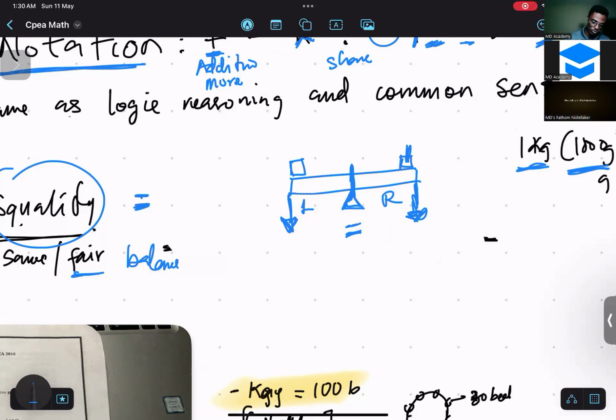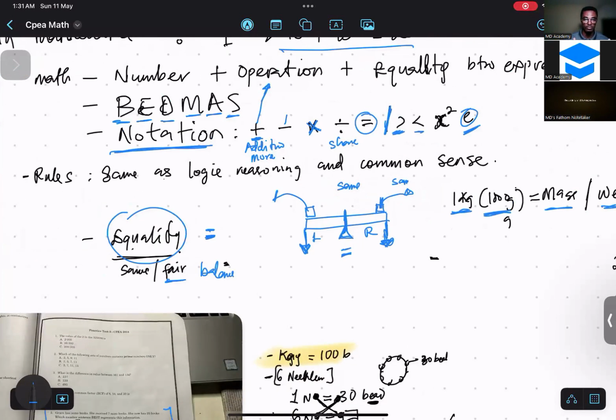So if you remove something here, you must remove something here. And whatever you remove from the right side must be the same as what you remove from the left side for the rule not to be broken or violated. So that is the most important rule. And once you're not breaking this rule and you're applying BEDMAS, you could solve just any problem.